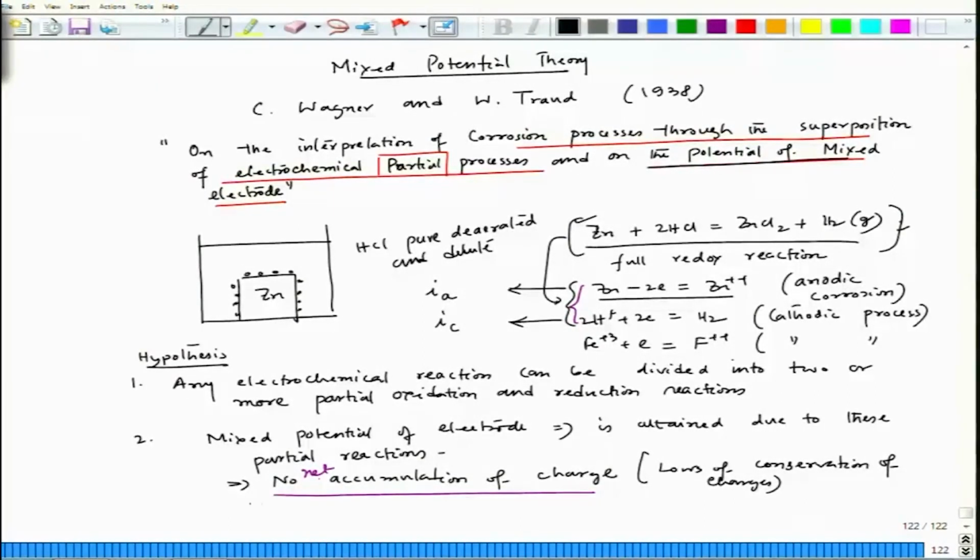So IC should be equal to IA at mixed potential. This is the second hypothesis. On these two hypotheses we will start looking at the understanding of corrosion events in our next lecture. Let us stop here. Thank you very much.